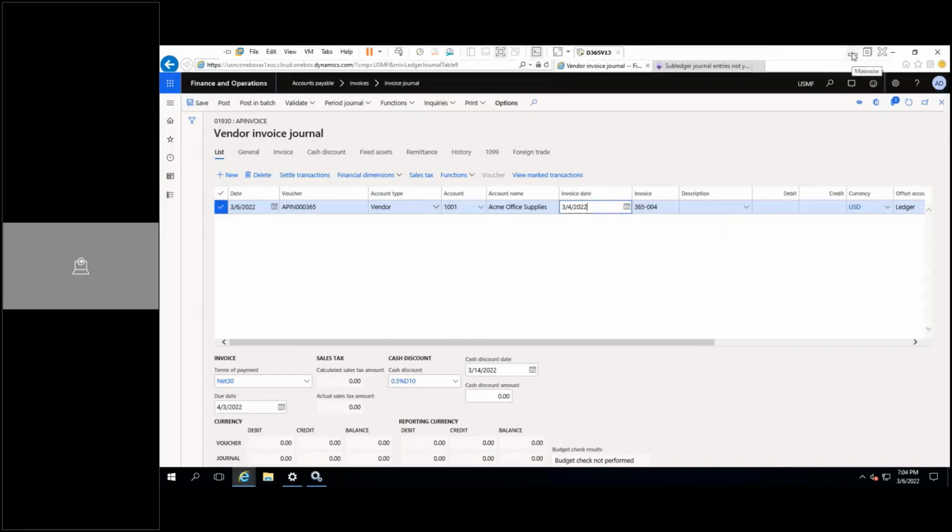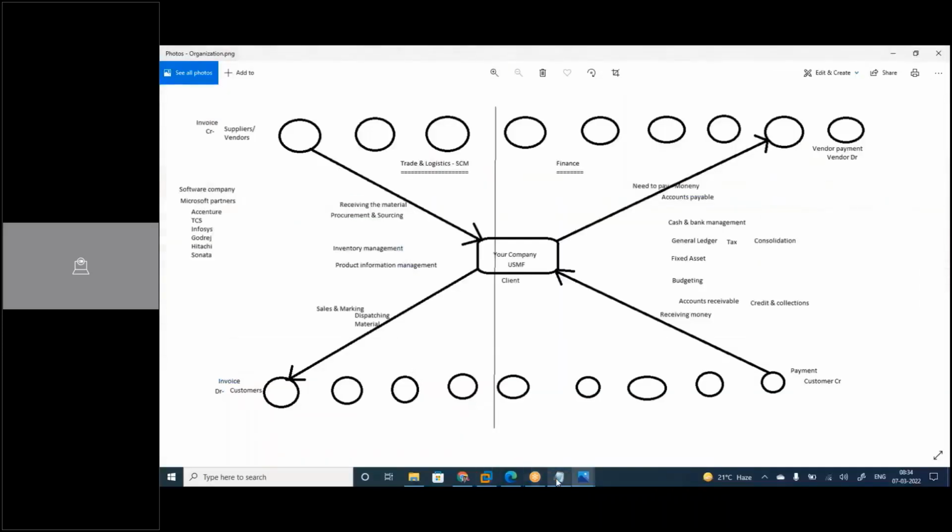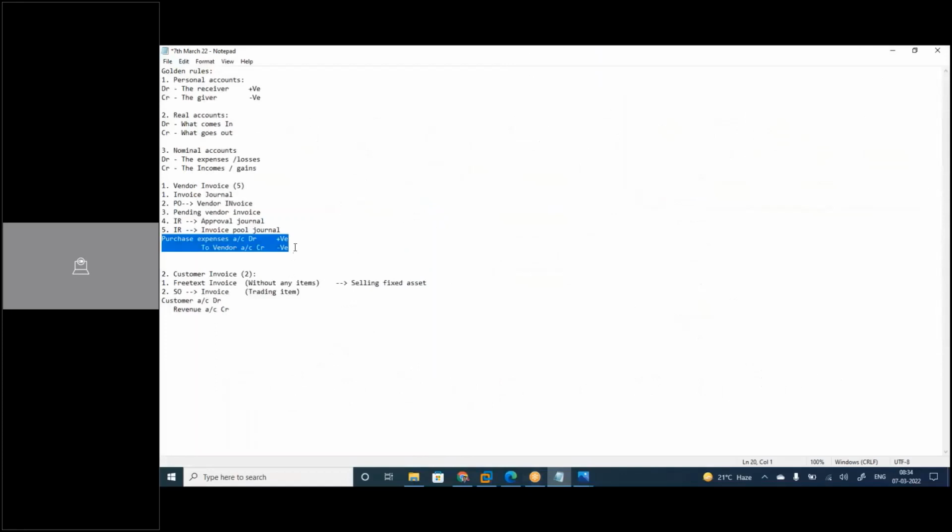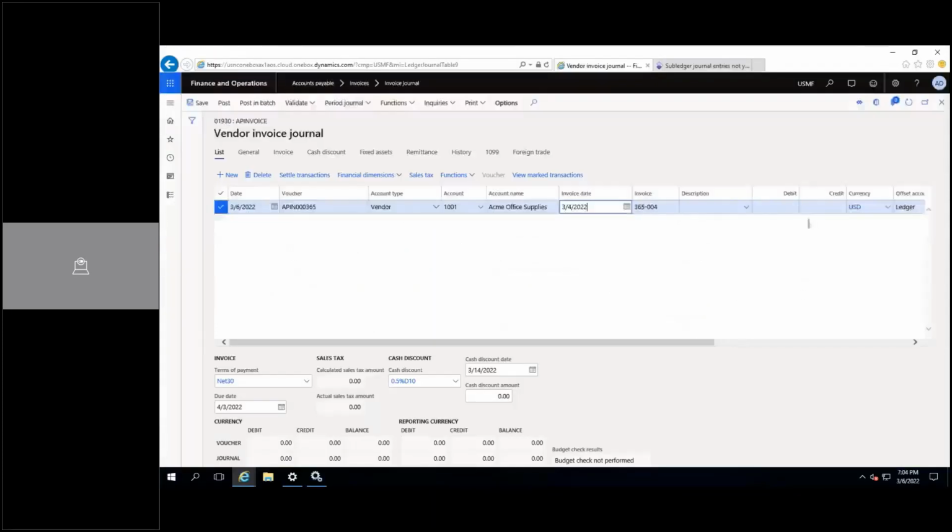Now during vendor invoice, vendor account credit, so that's what we are entering. What is the purpose of this vendor invoice? Means you have received, suppose, tissue papers. What is the purpose of these tissue papers?